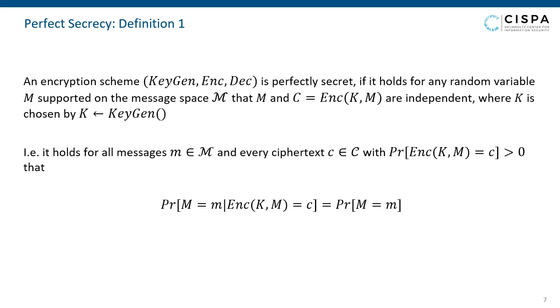One additional comment maybe: in the future, when we condition on events, we will implicitly assume that the event which we condition on has non-zero probability and not explicitly state this as we did here.